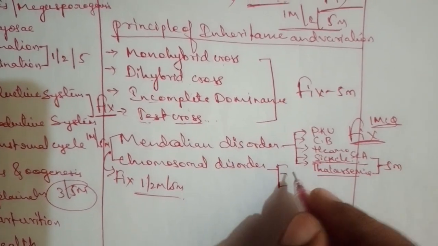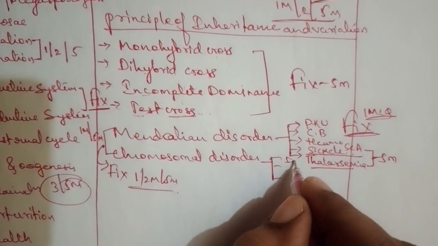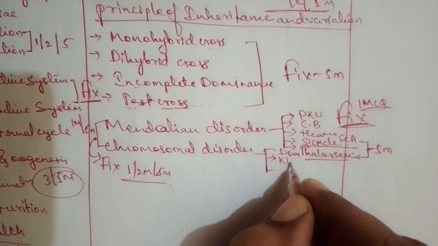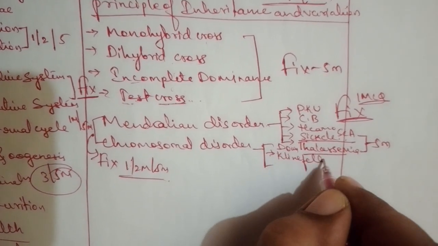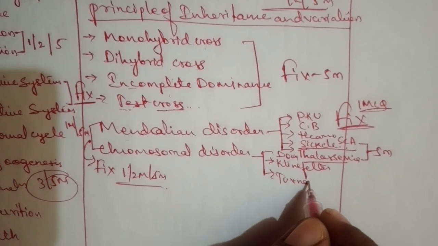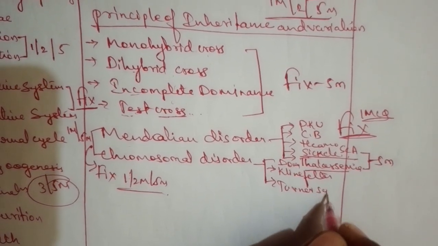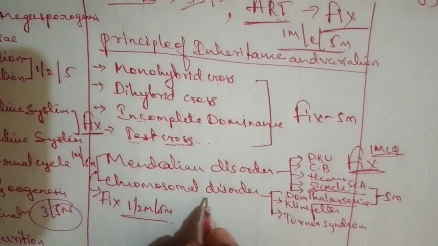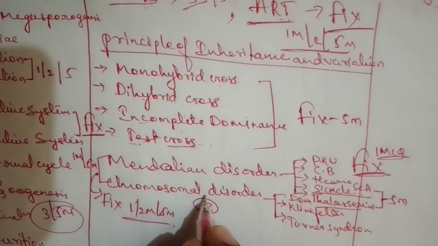One is Down syndrome, followed by Klinefelter syndrome, followed by Turner syndrome. So here you know that the chromosomal disorders are 3.